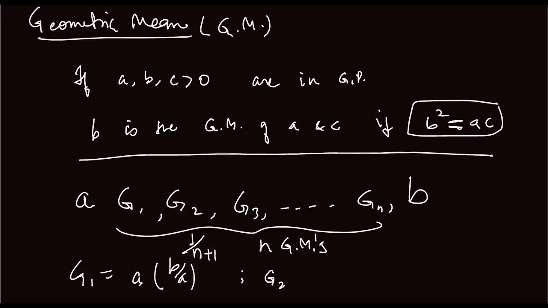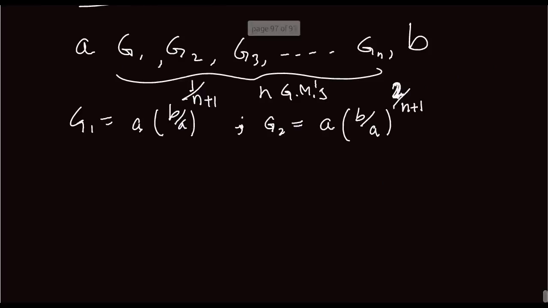G2 will be A, which is the first term, into B by A, that is the division of the last upon the first term, to the power 2 by n plus 1. N will be given to you.